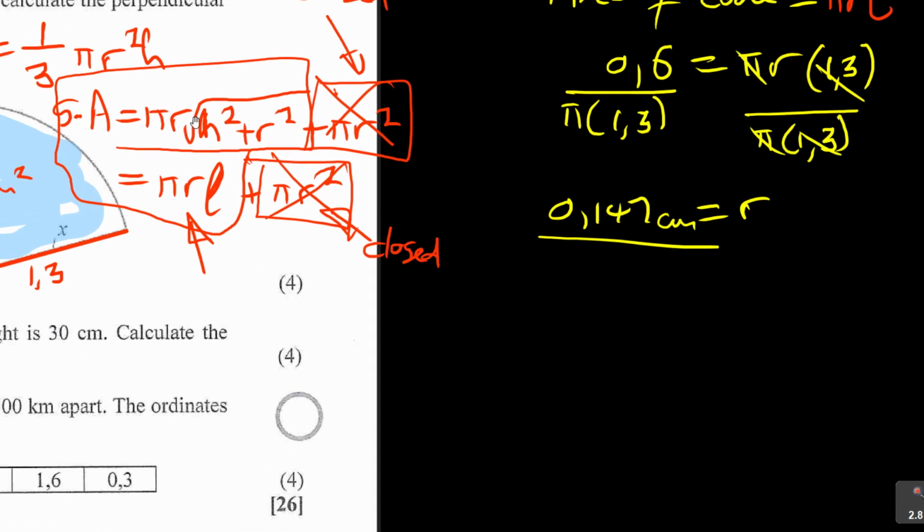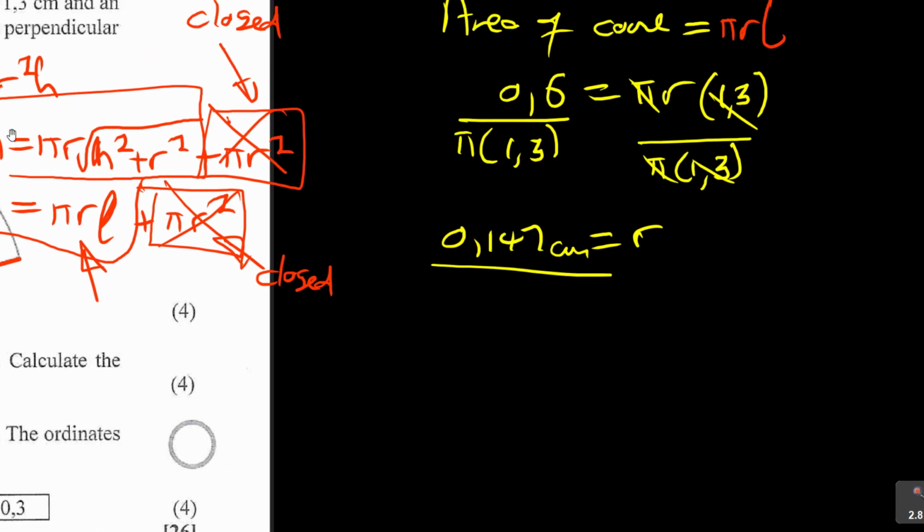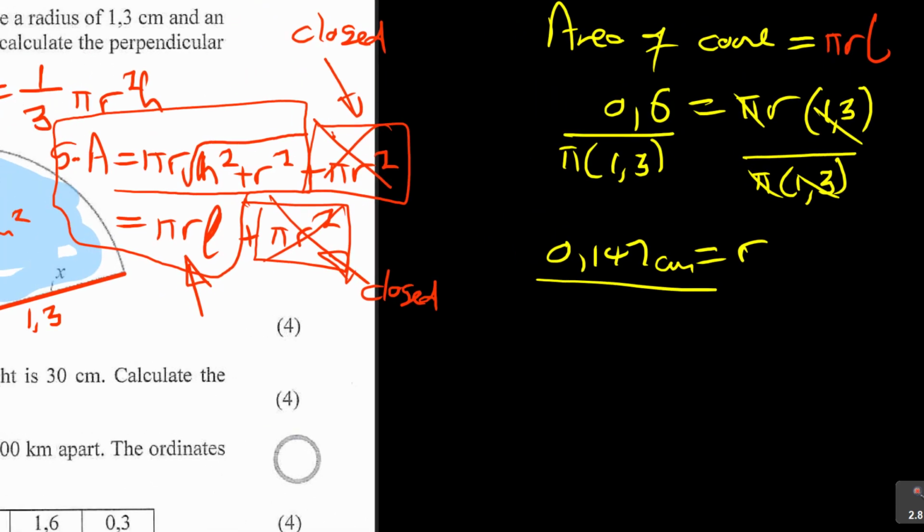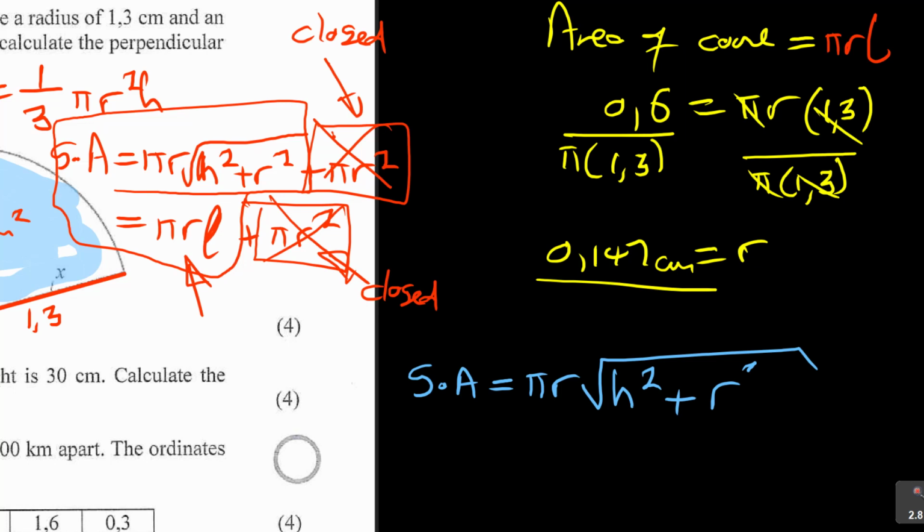Since I know the radius, I'm interested in surface area, and they told you from here the formula for the surface area: surface area is equal to pi r. I'm writing the second formula now, square root of h squared plus r squared. Why? Because I'm interested in that h, the perpendicular height.